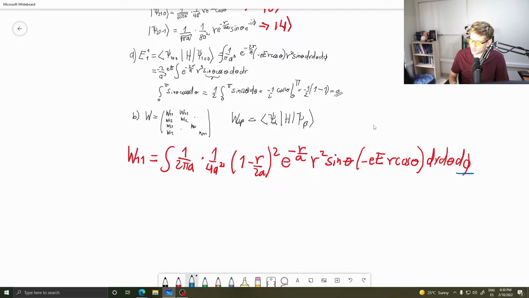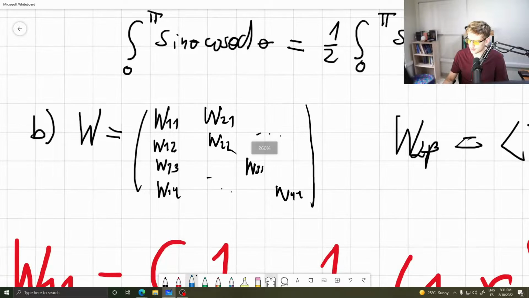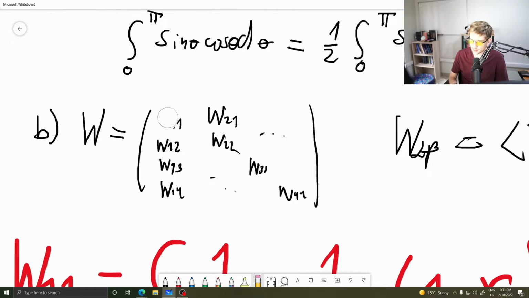What about theta? Well, in theta, we have the integral of sine theta cosine theta, again, which is the same that we just solved. And we know that this integral is 0. We literally just calculated it. It's right there. So this is 0. So this entire thing is 0. So W11 is 0. So maybe let's zoom in here. I didn't really mean to write it down here, I guess, but might as well. So W11, 0.